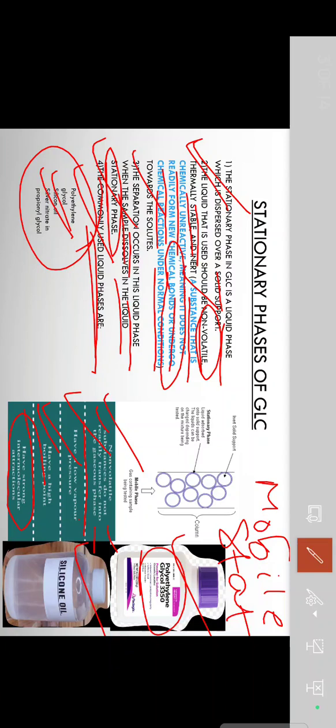Here I show the inert solid support, and this is your column, stationary phase and mobile phase. The circles shown here are the stationary phase, and the remaining portions are the mobile phase. Okay, let's move further.